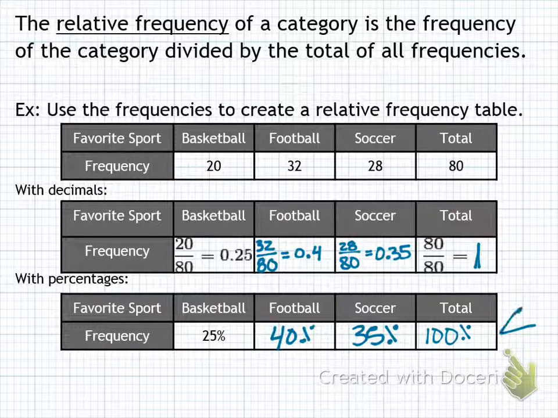So this makes it a little easier to communicate this data to other people. If I said, well, 25% of the people that I surveyed said basketball was their favorite sport, that gives you a better idea of what the actual outcome of the survey is, versus if I just say, oh, well, 20 people said that they like basketball.